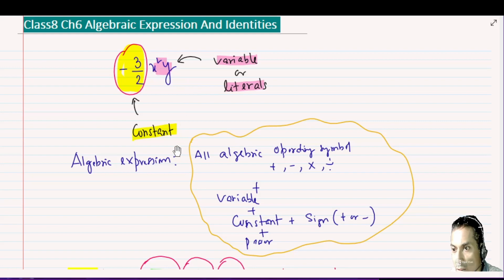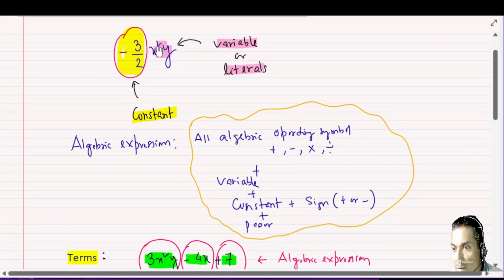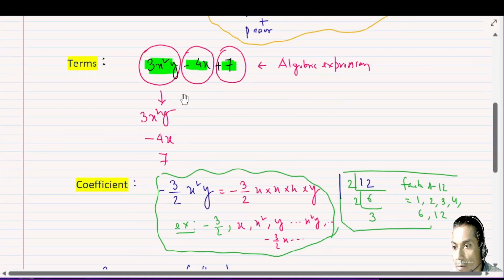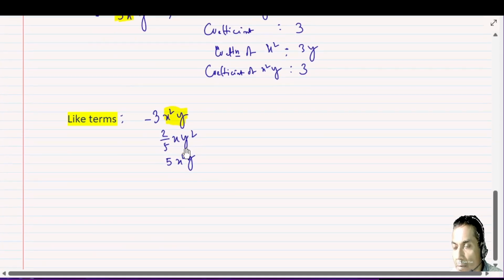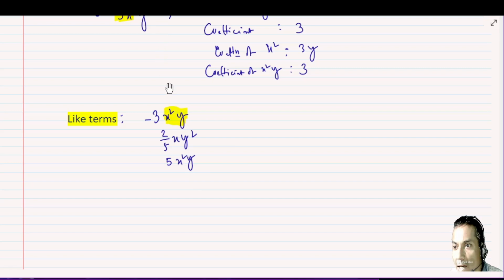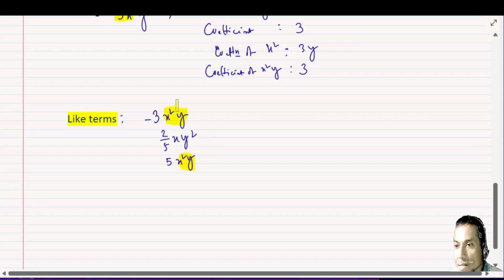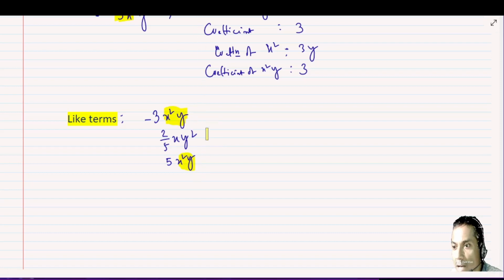So when the variable parts with the power are the same, then they are like terms. So here only minus 3x square y and 5x square y have the same variable part. So these two terms are the like terms.